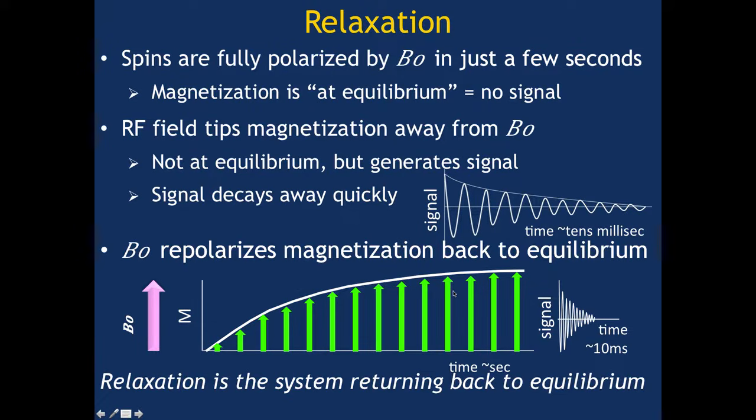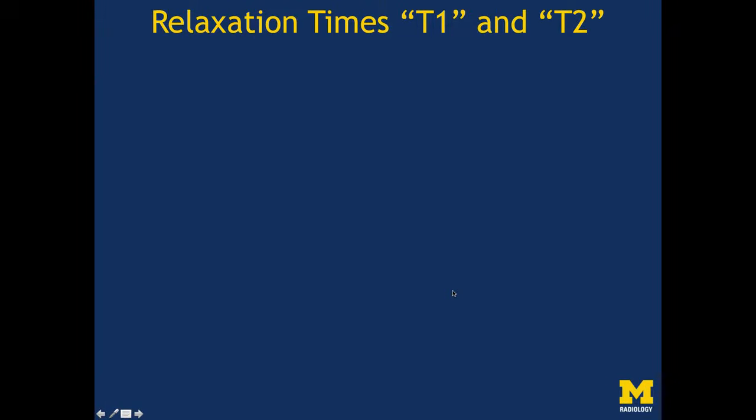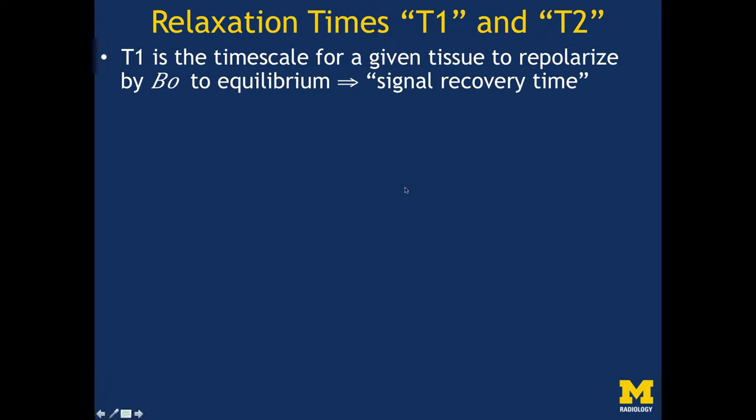Relaxation is, in a phrase, the system returning back to equilibrium. We use times, T1 and T2 times, to describe this time scale. T1 is the time scale for a given tissue to repolarize back to the main magnetic field.